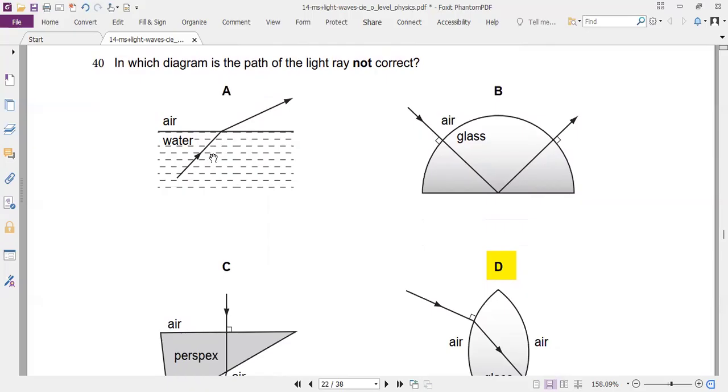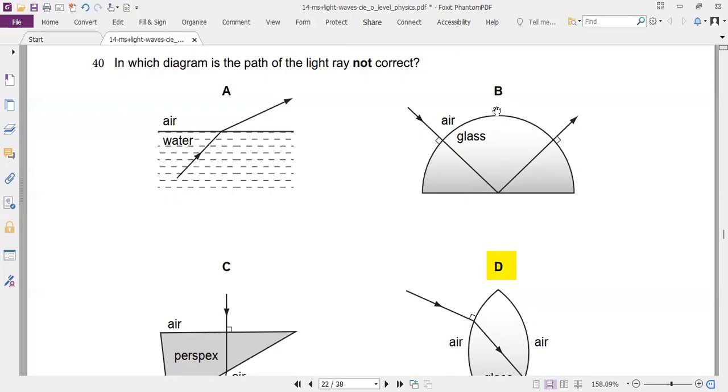In A, it is correct because going from a denser to a less dense medium, the ray goes away from the normal. This one, why is it not correct? Look at this. It is coming at 90 degrees. It is going straight. And it is totally internally reflecting.